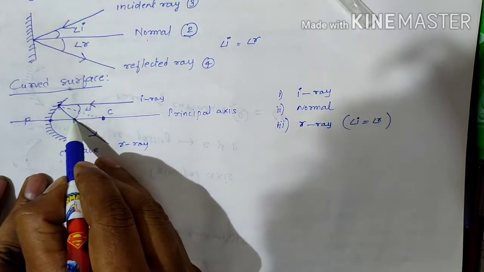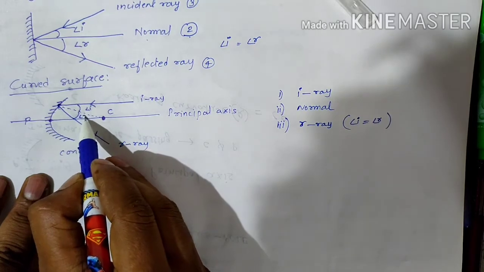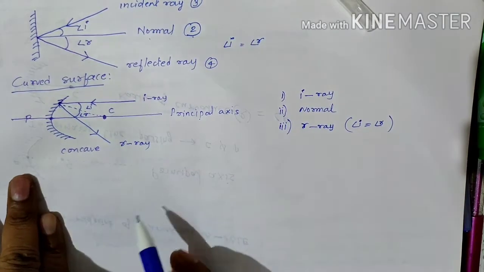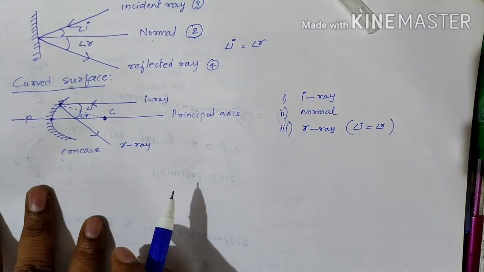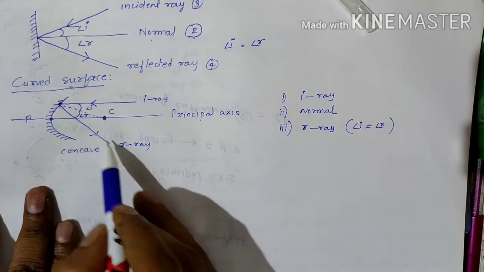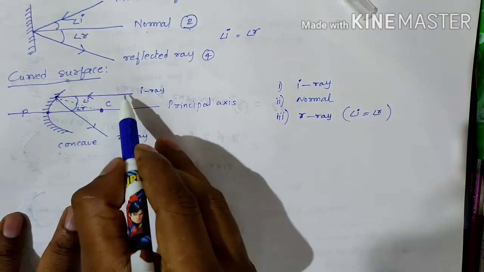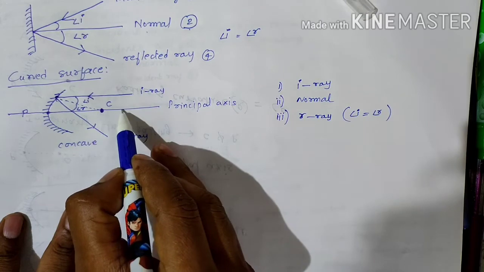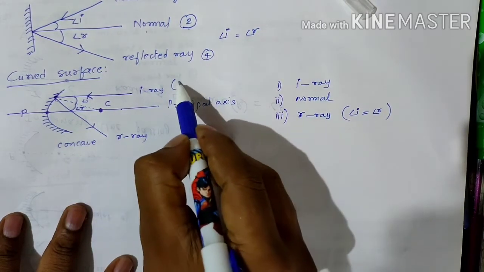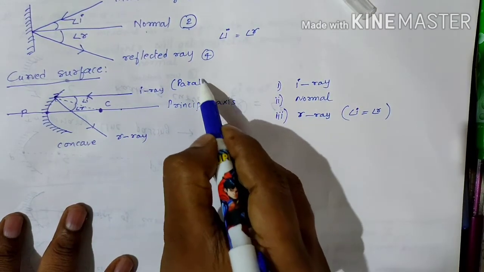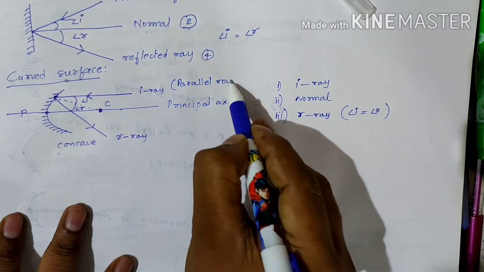It also makes the same angle, which is nothing but the angle of reflection. In this way we draw a reflected ray for an incident ray. This ray is parallel to the principal axis, so it is also known as a parallel ray.